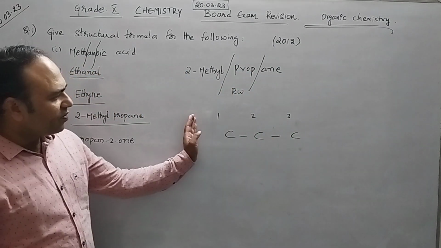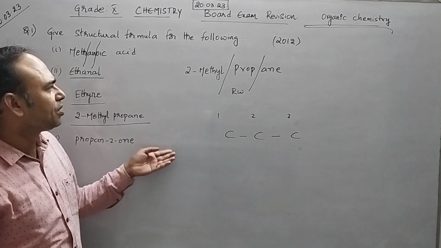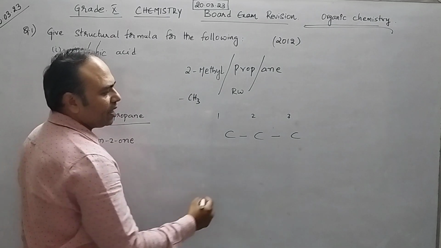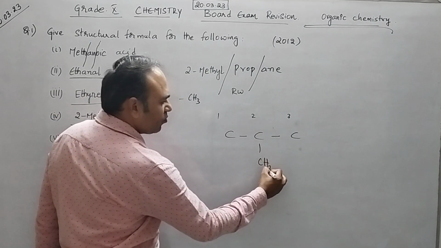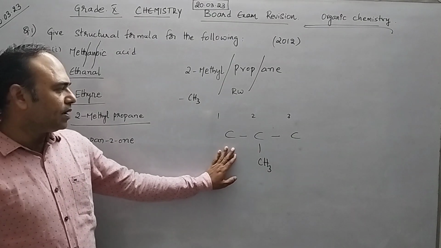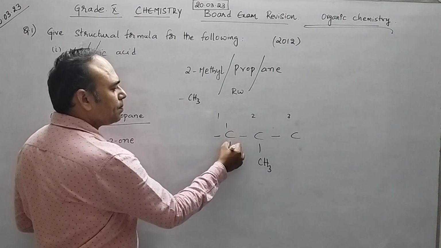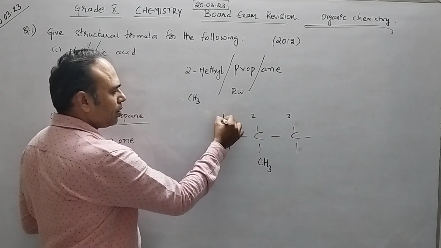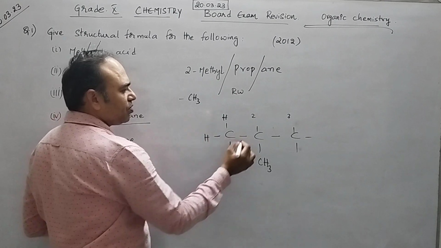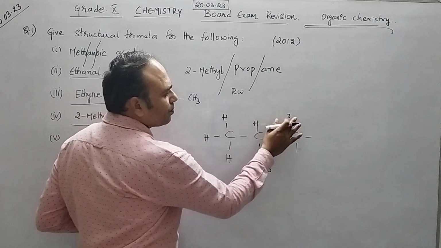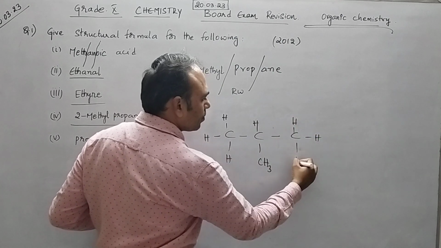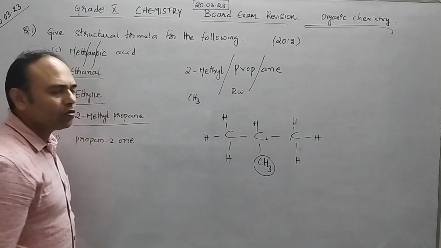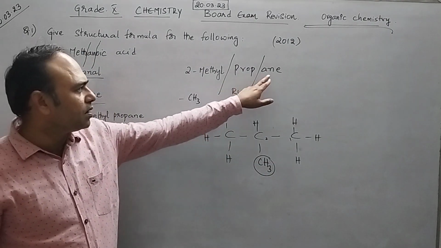Either direction is one and the same. Next, at the second position there is a methyl group. What is a methyl group? CH3. So at the second position write one methyl group. Next, complete the valency part. Now the last step is to write the hydrogens, here also and here also. Hope you have understood this. So at the second position there is a methyl group, 3 carbons, therefore prop, single bond ANE.